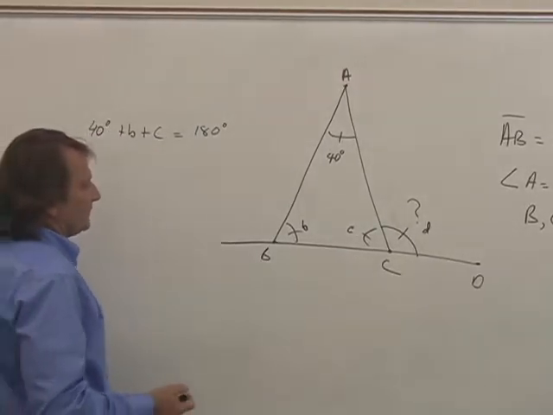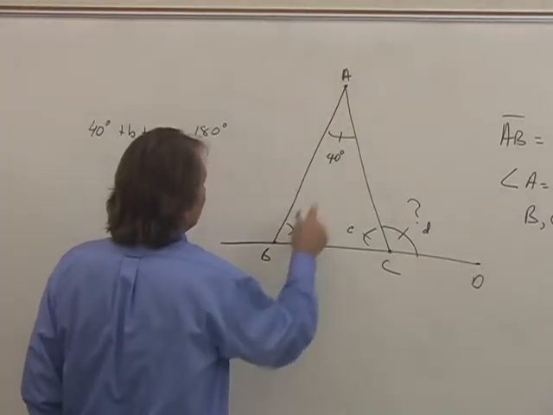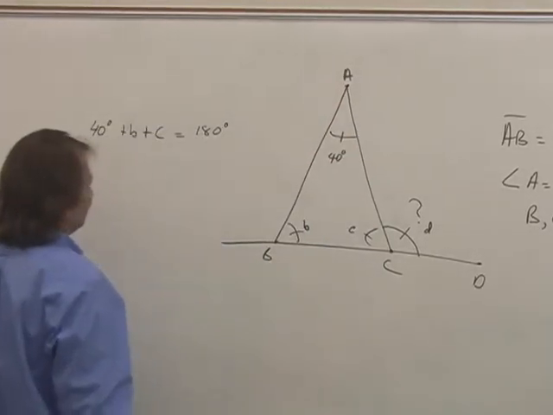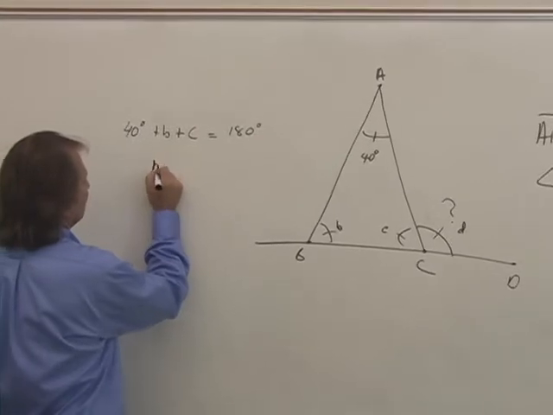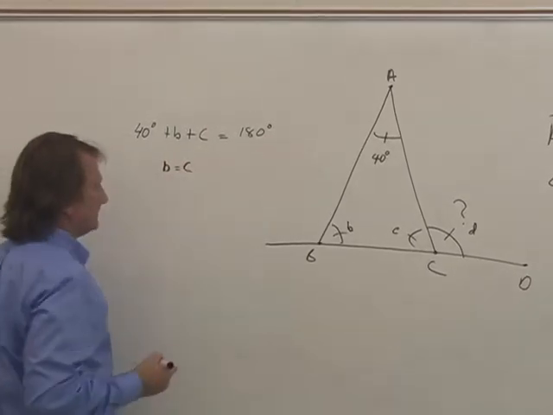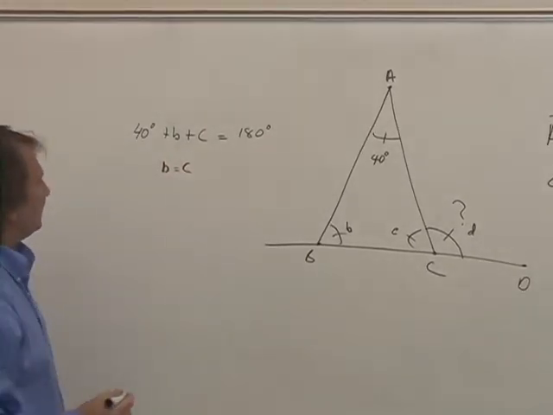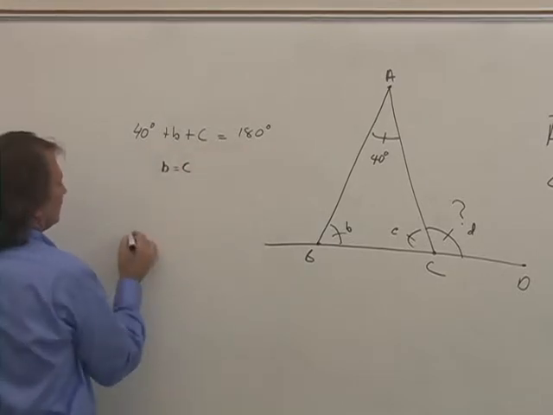And we also know that since line AB and line AC are equal in length, that B is equal to C. So we can rewrite this equation here.